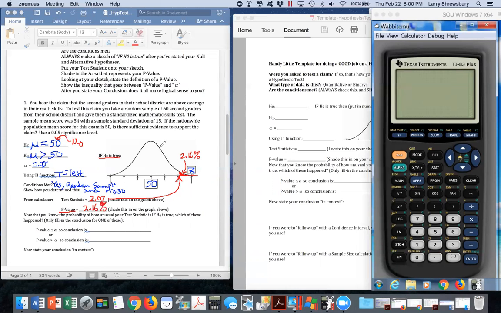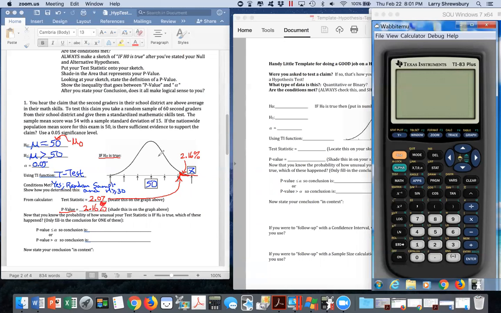What does a big probability mean? Nothing unusual is happening. And which of these two hypotheses said nothing unusual is happening? The null. So it makes sense. If you land close, nothing unusual is happening, and that's what the null says. And also, if you land close, that's what you'd expect to happen if the null hypothesis is true. You've got the basic idea already, hopefully, that if you land close, you go with the null, and you're going to have a big p-value.